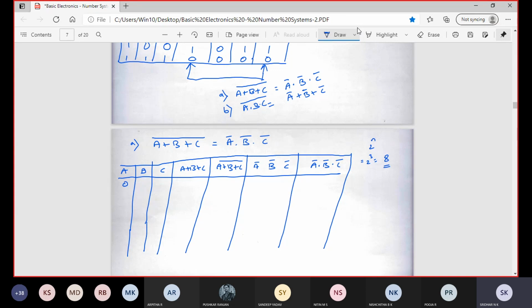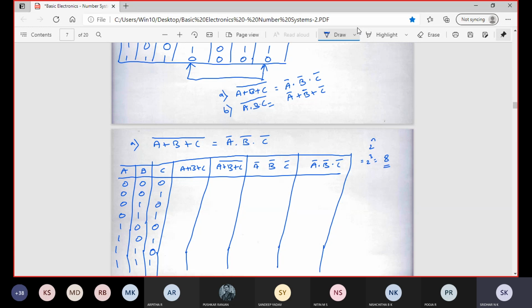It is 0 0 0, 0 0 1, 0 1 0, 0 1 1, 1 0 0, 1 0 1, 1 1 0, and 1 1 1. Correct? Yes, sir. These are the 8 combinations that you will get.